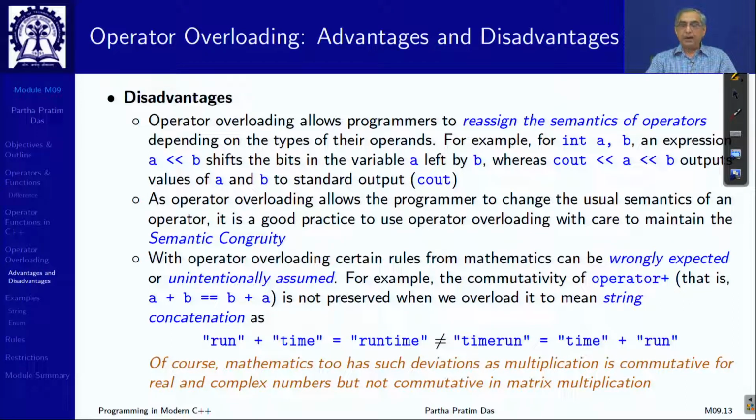Run plus time is run time, time plus run is time run, they are not the same. Now, of course, you accept that because you have accepted it in mathematics. Multiplication of integer, complex, double, all are commutative, but not of the matrix. So, there are exceptions in life, there will always be, but these are some of the disadvantages that you will have to keep in mind.